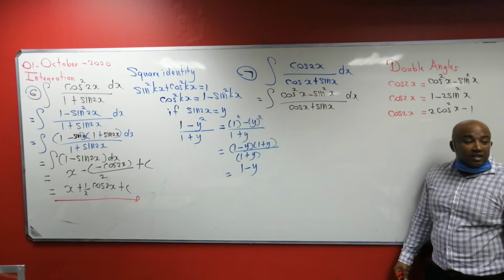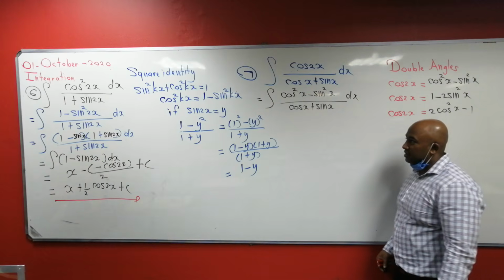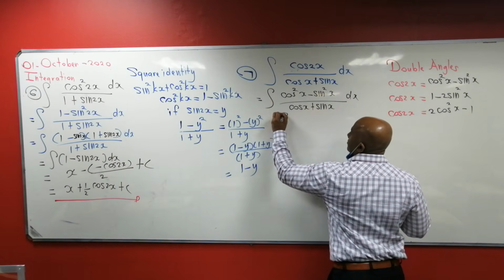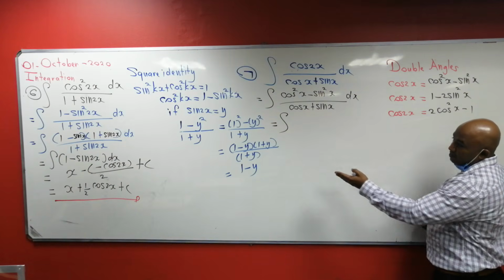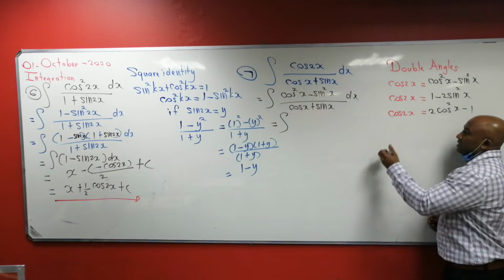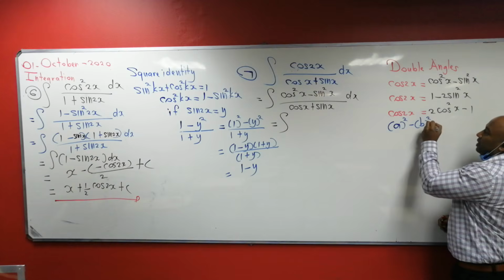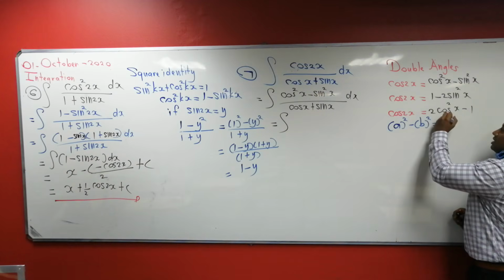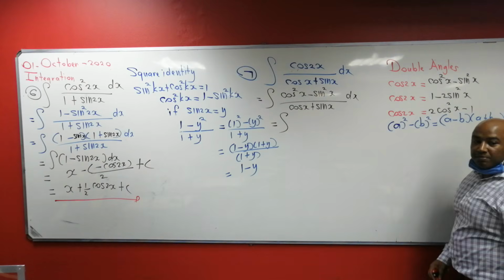Now you can see that the numerator is the difference of 2 squares. The difference of two squares is what we just worked out. If you forgot, it's a squared minus b squared, which can be factorized. The factors are a minus b, a plus b.